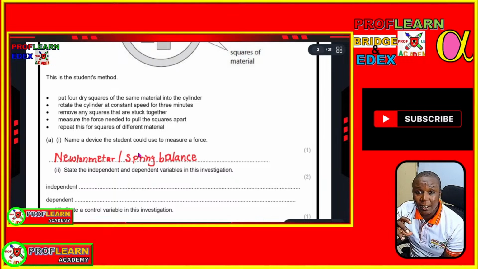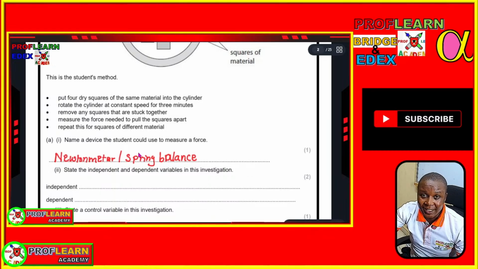Remember, you might be asked a question when an experiment is given, and you are supposed to identify the independent and dependent variables, and also maybe what we call control variables.